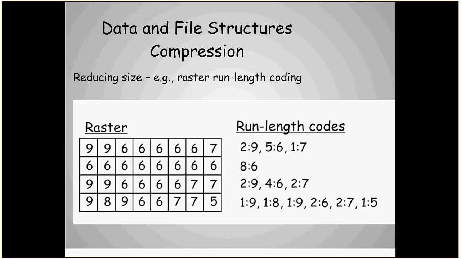So anyway, run length encoding doesn't lose any information, but the disadvantage is that it won't really work if your data, like if I was storing an elevation data set and every single value was slightly different, run length encoding would actually take more space than just storing every value individually.